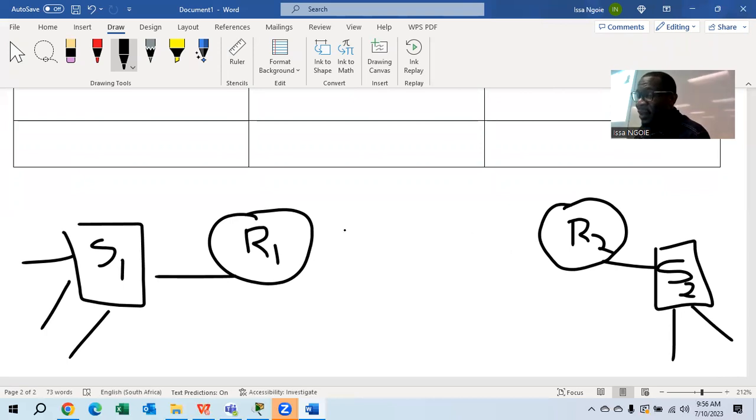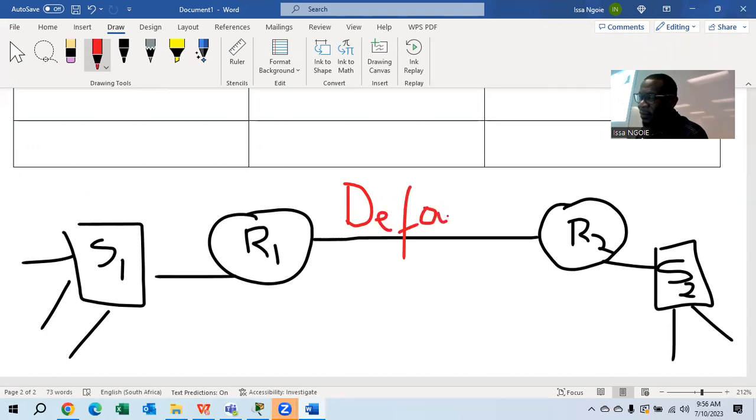You can do it by using what? The default. You can configure the default protocol. Did you understand? You can do it using the default way. We're going to see how to configure it now, but you have first to understand that for me to connect those routers, I can use the default routes.